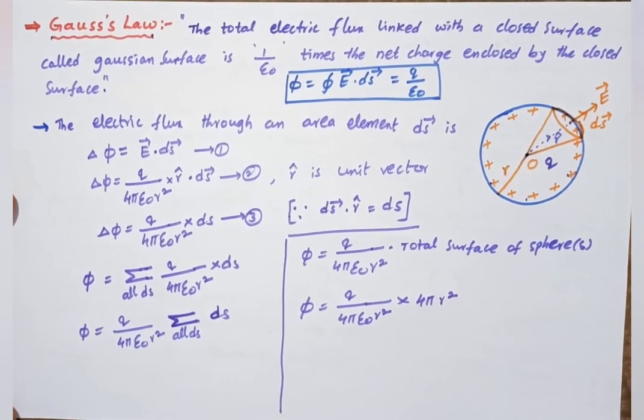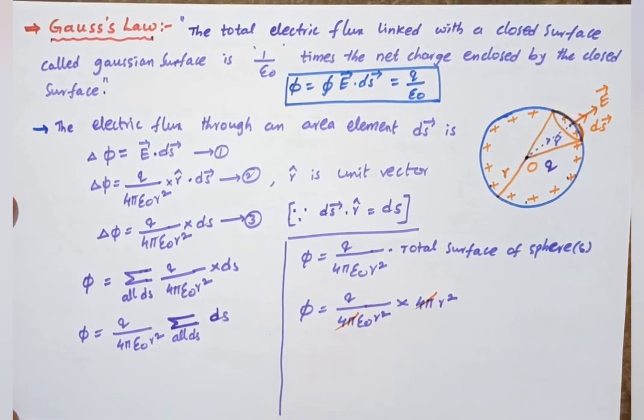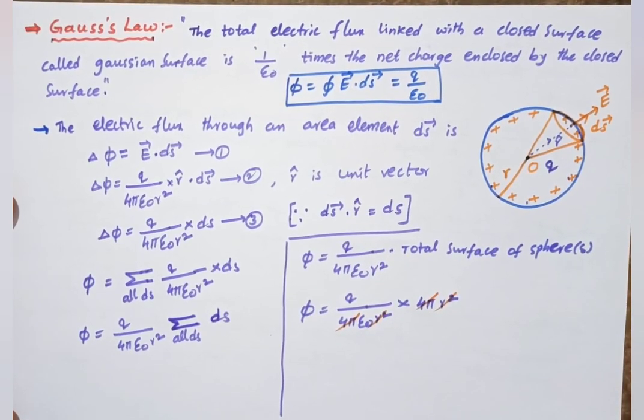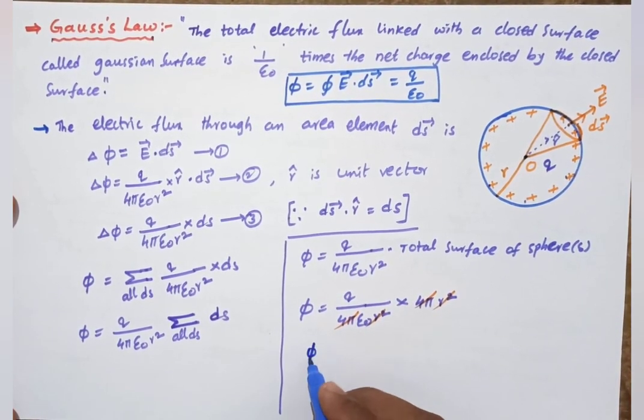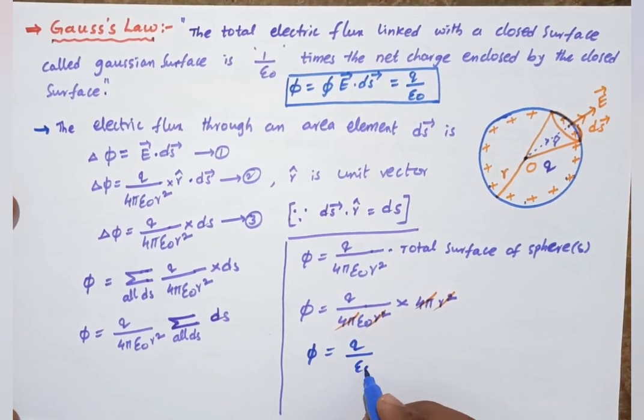Okay, here we can cancel out 4 pi and 4 pi, and r square gets cancelled. So the remaining part is phi equals q by epsilon naught.